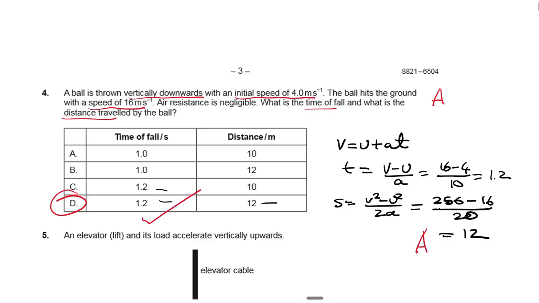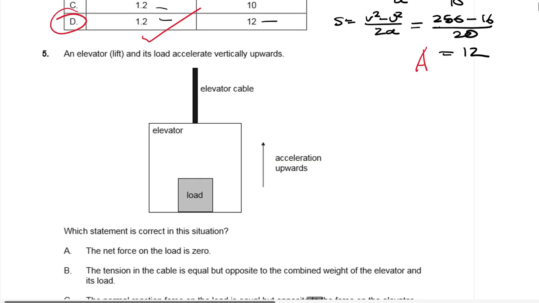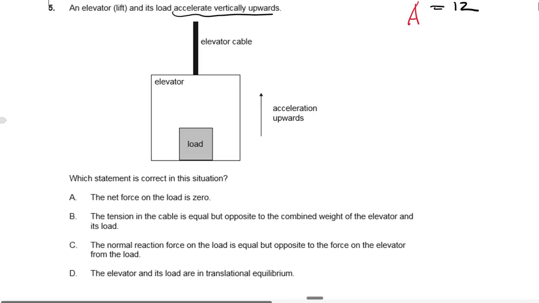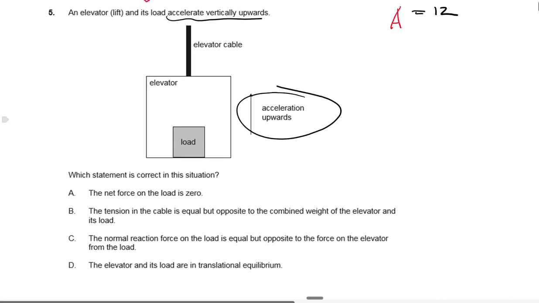And that's correct. An elevator and its load accelerate vertically upwards. Which statement is correct in this situation? Net force on the load is 0. It's accelerating, so that is not the case, right? The tension in the cable is equal but opposite to the combined weight of the elevator and its load.